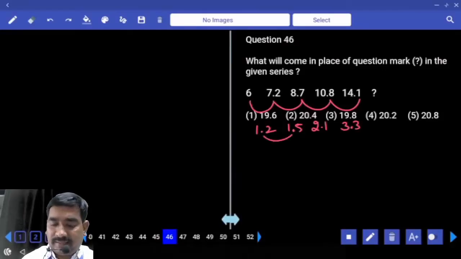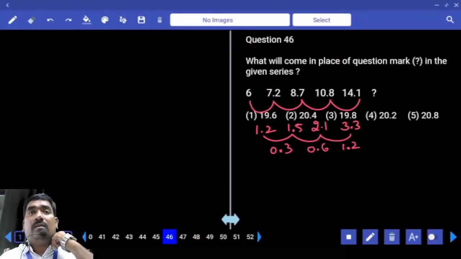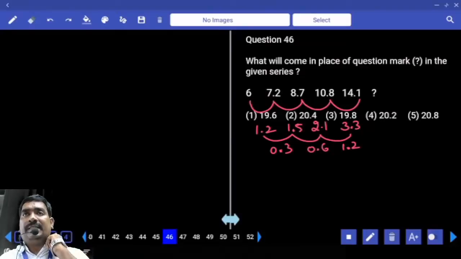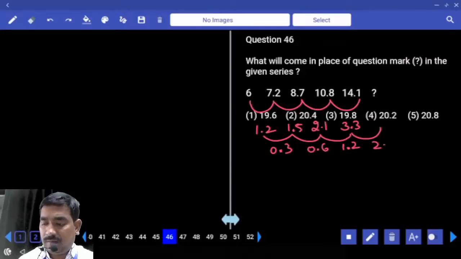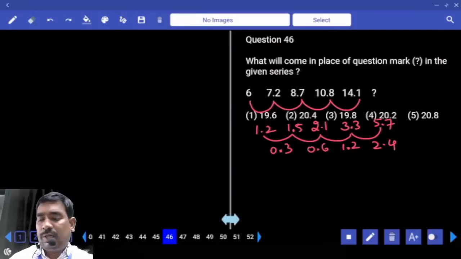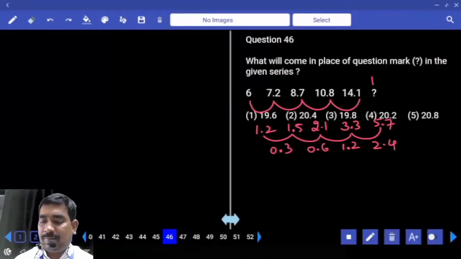Again the difference: 0.3, 0.6, 1.2. Double or not? 0.3 doubled is 0.6, 0.6 doubled is 1.2, 1.2 doubled is 2.4, which means the next is 5.7, or not? 14.1 plus 5.7 will give us 19.8. That is your answer.